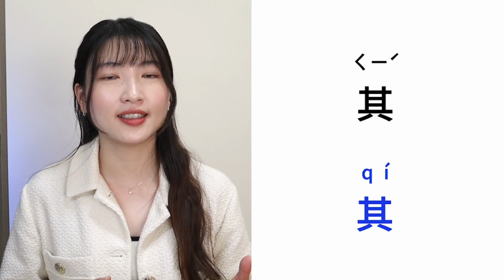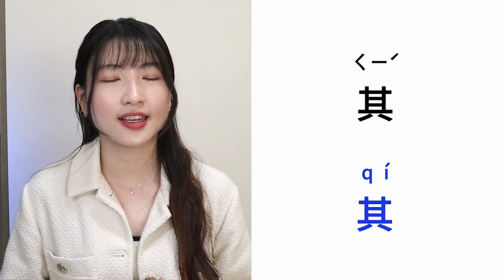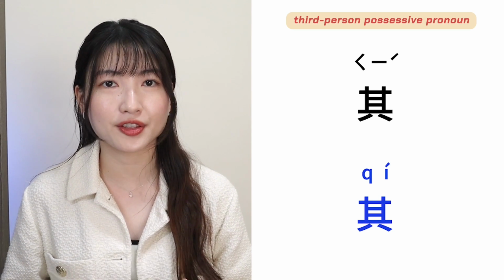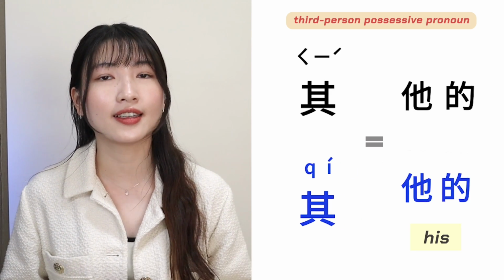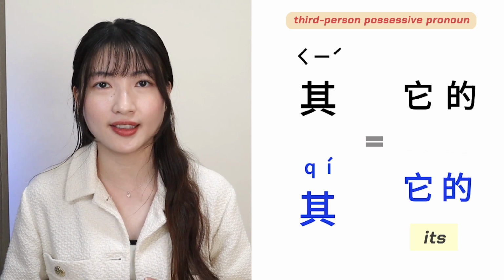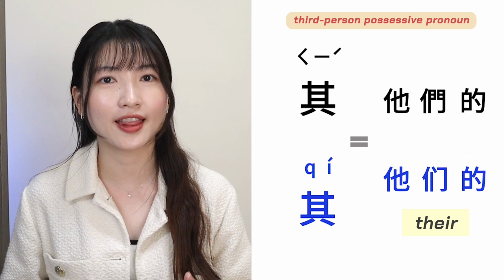The fourth word for today is 其。其 is often used as a third-person possessive pronoun equivalent to 他的, his, her, its, or 他们的, their.